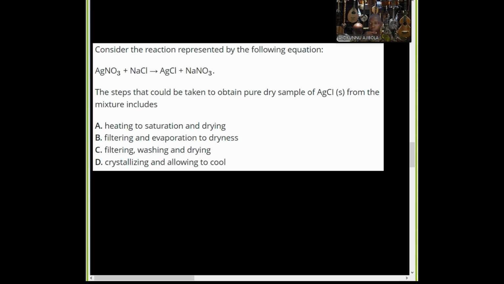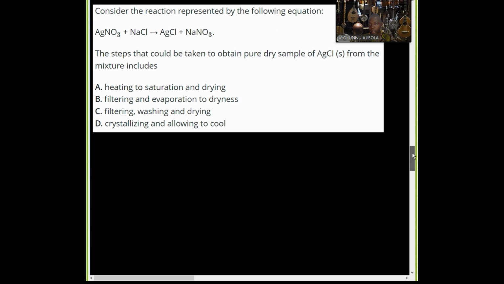The steps that could be taken to obtain a pure sample of AgCl, silver chloride, from the mixture include heating to saturation and drying, filtering and evaporation to dryness, filtering, washing and drying, crystallizing and allowing to cool. So which one did you pick? I think filtering and evaporation to dryness.